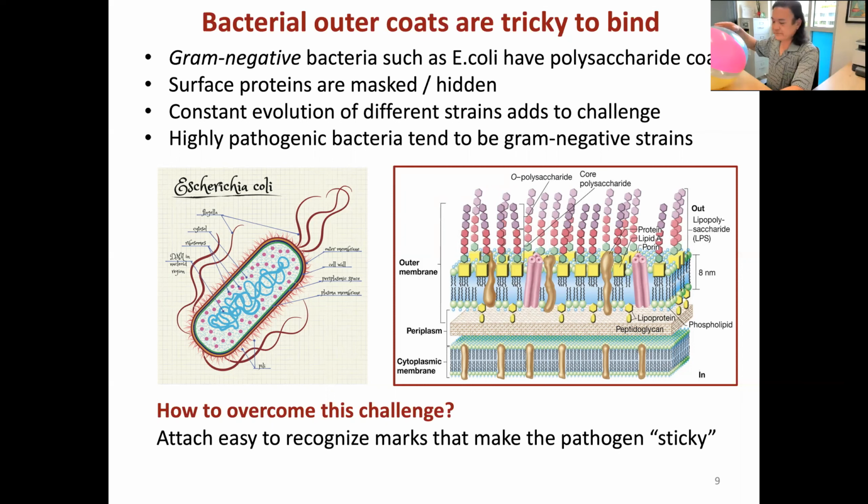Well, we can do it through the help of a very particular special group of proteins, right? And these proteins, you can stick them onto the ping pong balls, and now these ping pong balls can be more easily detected.